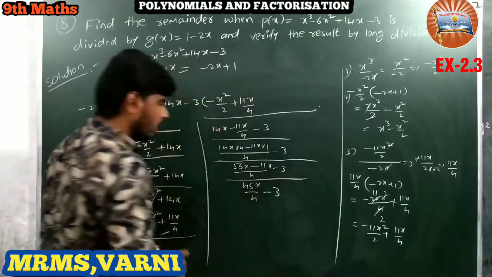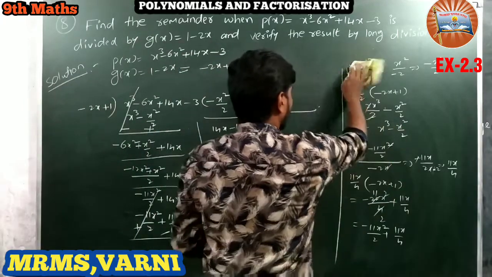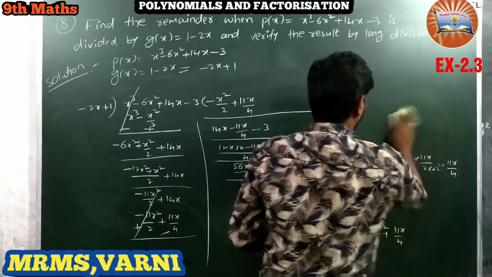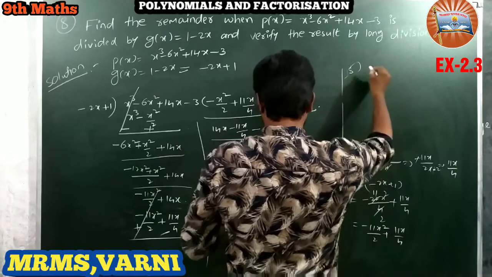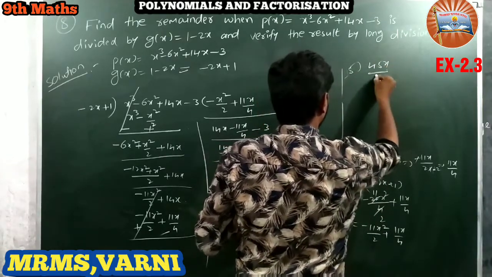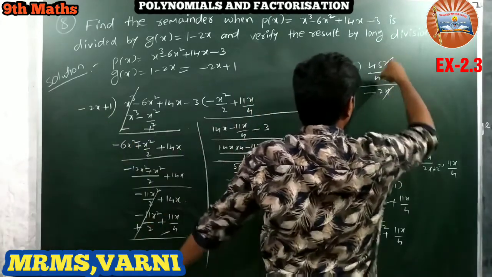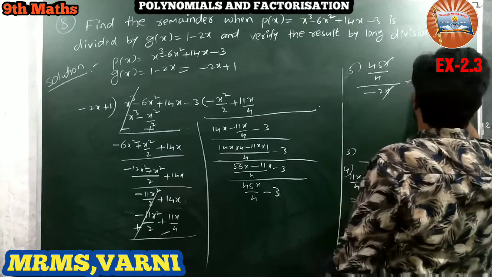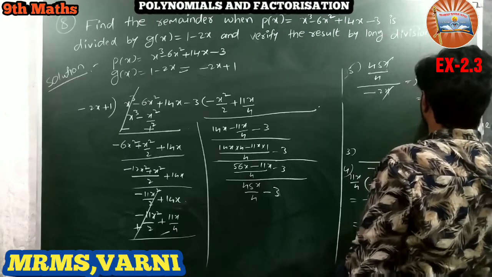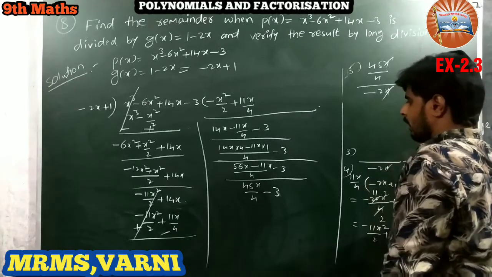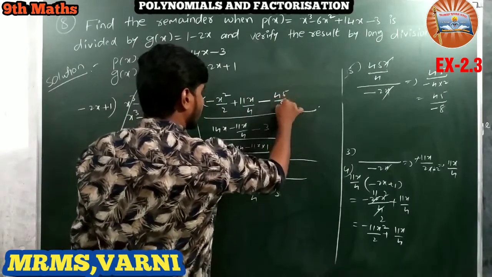Okay, now take the first term of the remainder. What is that? I'm going to erase this now. There is no space. Okay, step 5, it is step 4, it is step 5. So 45x by 4 by this first term minus 2x. X gets cancelled. What is that? 45 by minus 4 into 2 is nothing but 45 by minus 8. Okay, right. Add on here quotient minus 45 by 8.